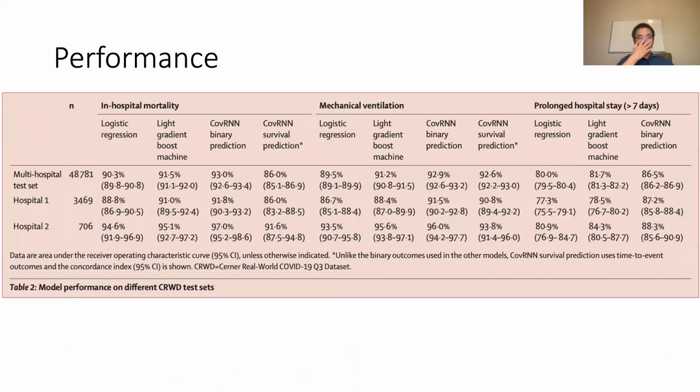And the performance of our model after all the hard training is that we are glad to see most of it in the 90s. For the multi-hospital test set, even logistic regression, a simple model, can deliver 90, but our RNN model, both binary and survival, this number is for the C index.